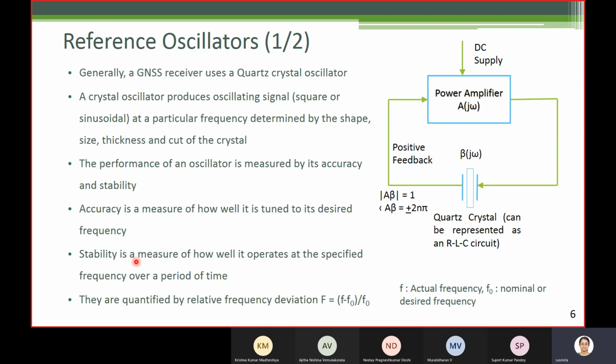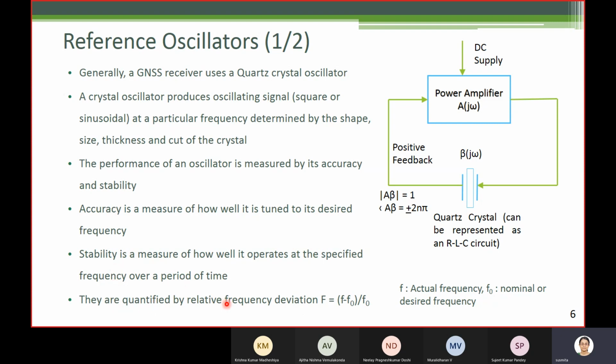So here, an additional thing is that time is important. Over a particular period of time, its ability to operate at a particular frequency is measured by stability. Both are quantified by relative frequency deviation. However, there is a time period associated with stability, which we do not have in case of accuracy.